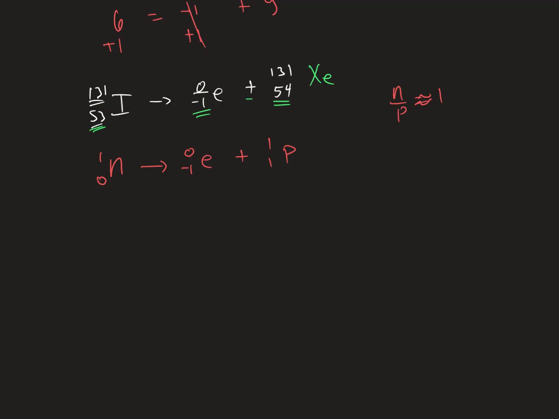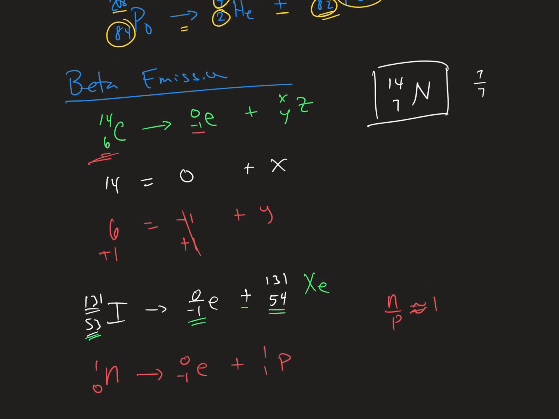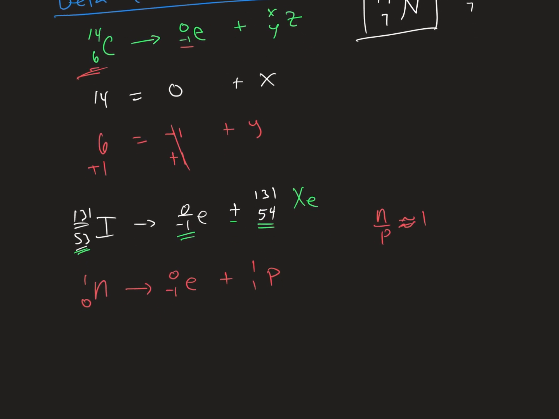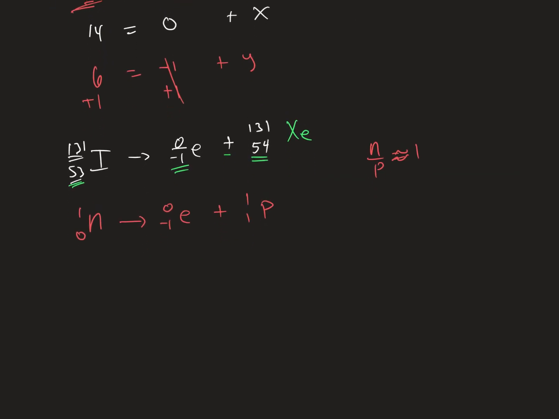If we have too many neutrons, then beta decay will happen to create more protons, and that's exactly what it did here, right? It turns into a different element, but now it's stable. Does that make sense to everybody?